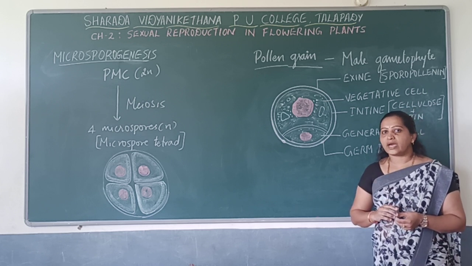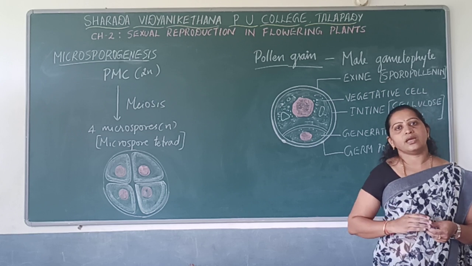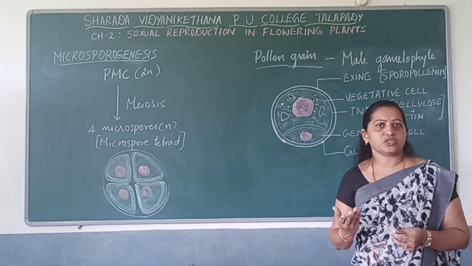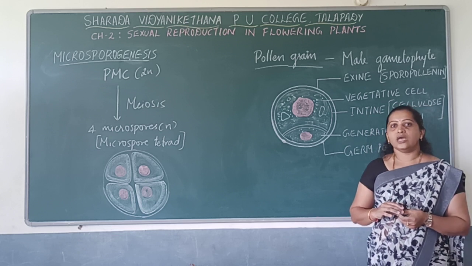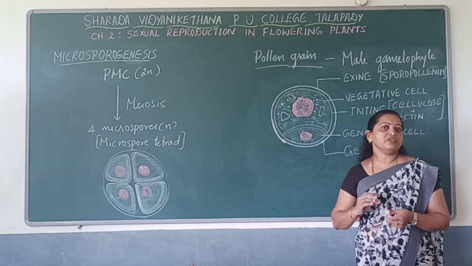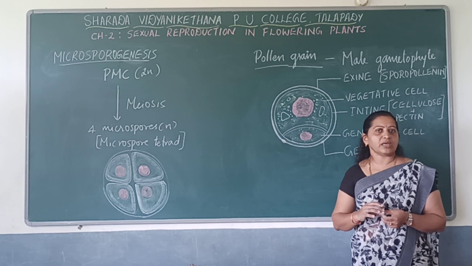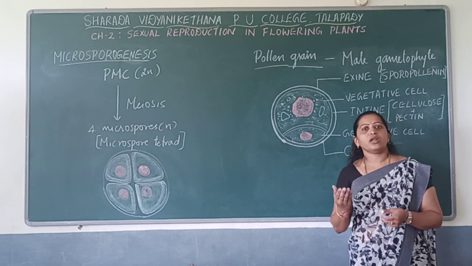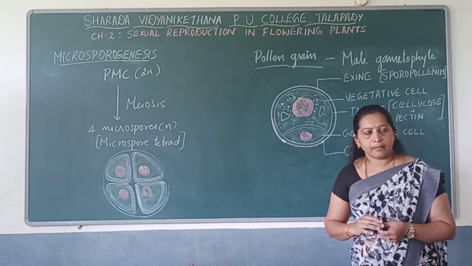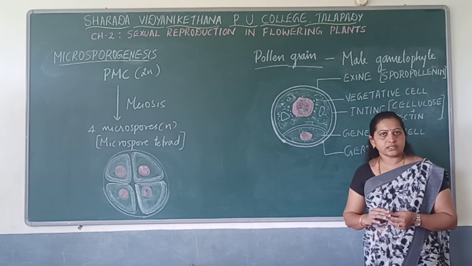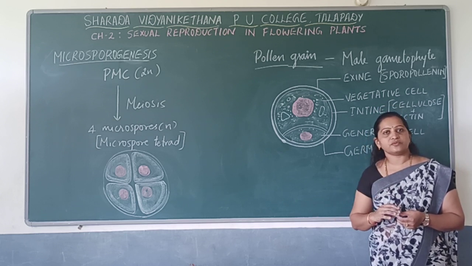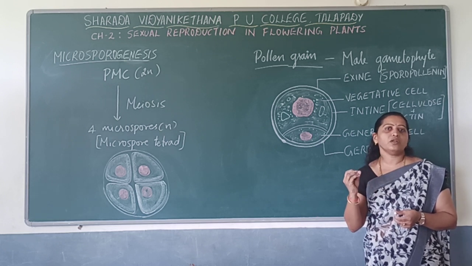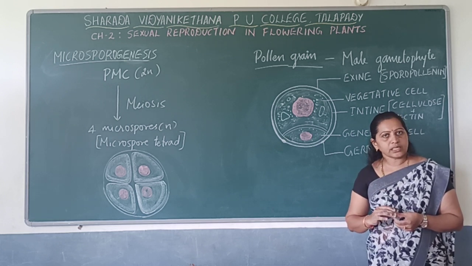This pollen viability varies in different species of flowers. There are certain species of flowers where pollen grains retain the viability to germinate for about 30 minutes. For example, in rice and wheat, the pollen grains have viability for about 30 minutes.